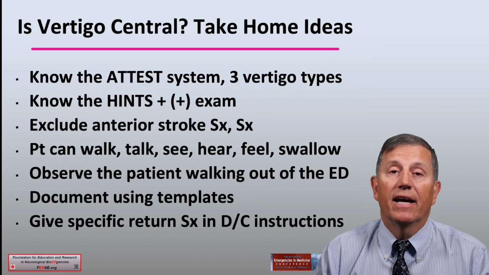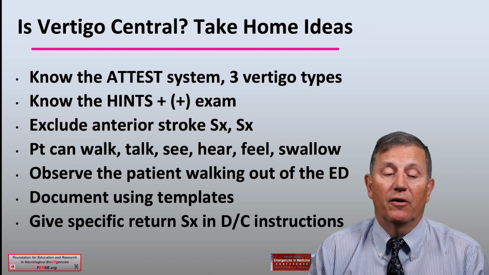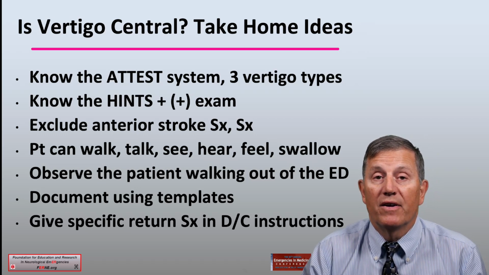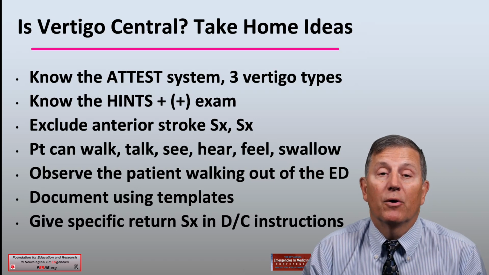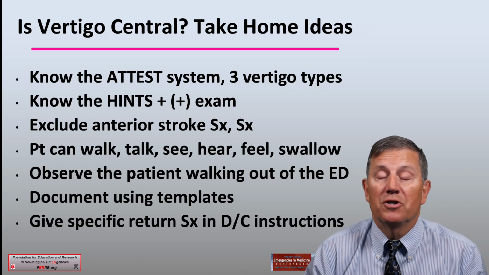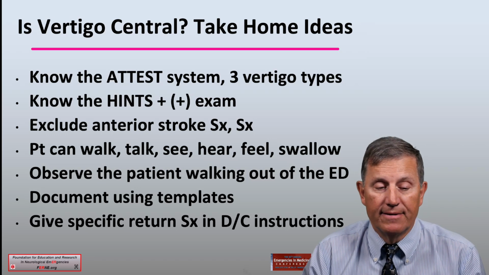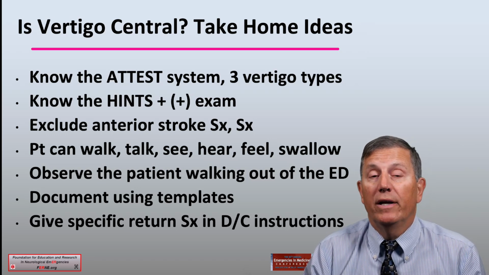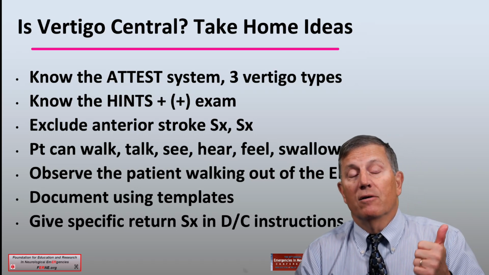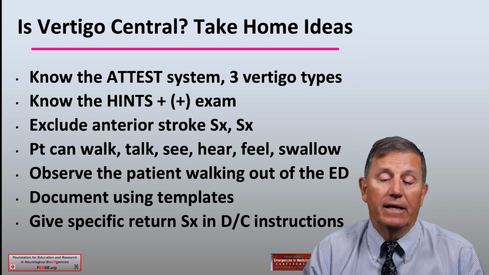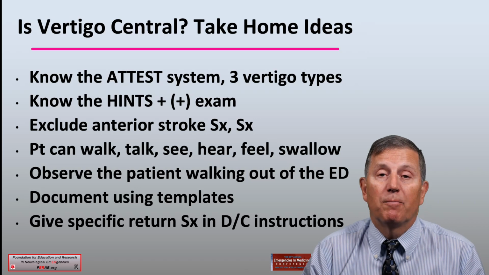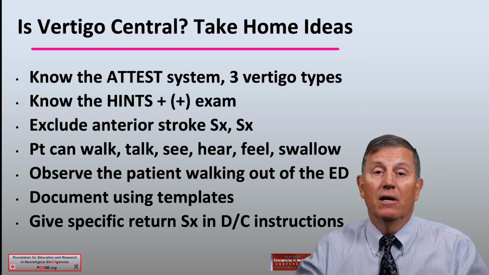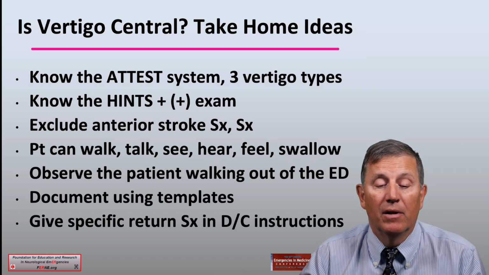So some final take-home ideas related to the question: is the vertigo that a patient experiences with acute vestibular syndrome in the emergency department central in etiology? A few take-home ideas. Know the ATTEST system and the three types of vertigo we discussed: AVS or spontaneous and triggered EVS. Know the HINTS Plus exam: HINTS plus checking for hearing loss plus checking for ataxia.